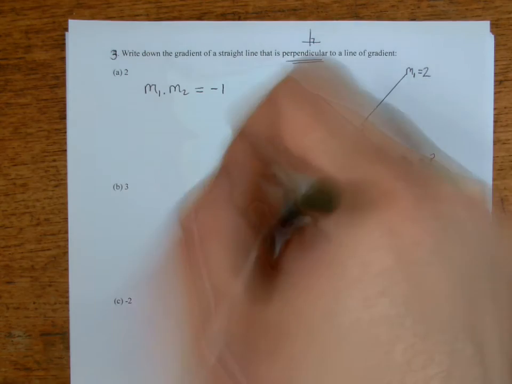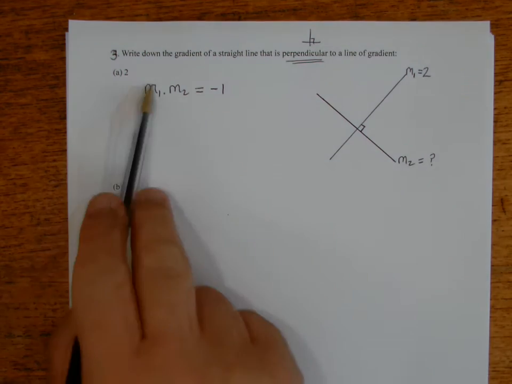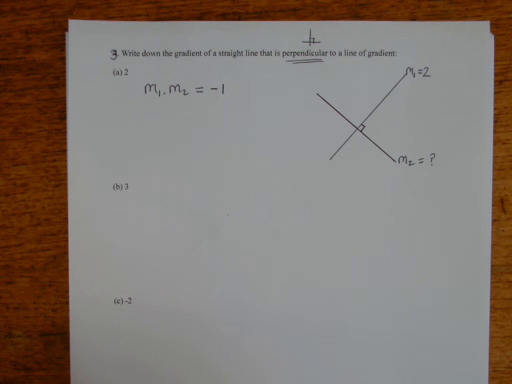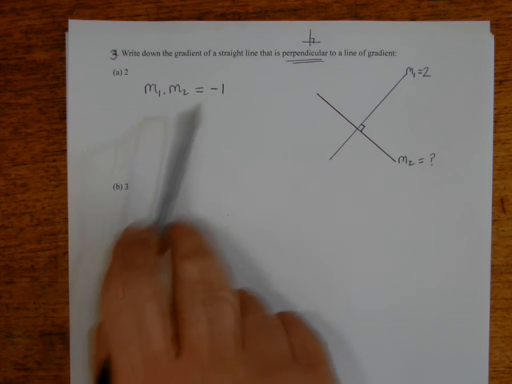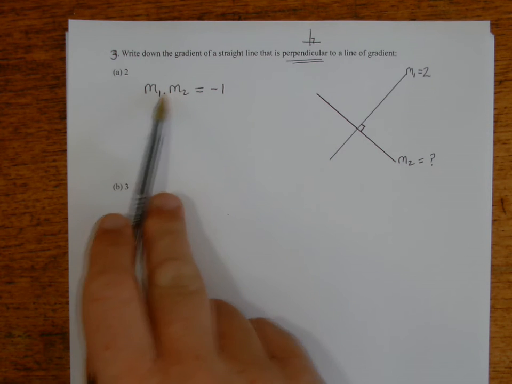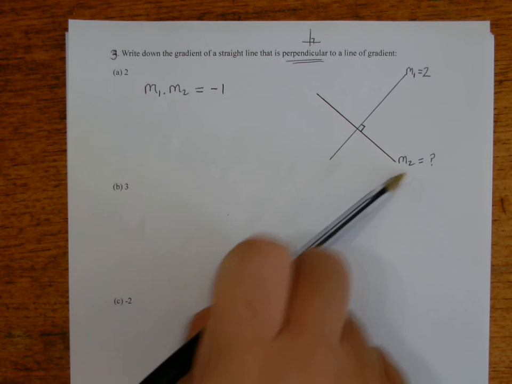So you just have to remember this result. Times the two gradients together, if it equals -1, they are perpendicular and at right angles to each other.